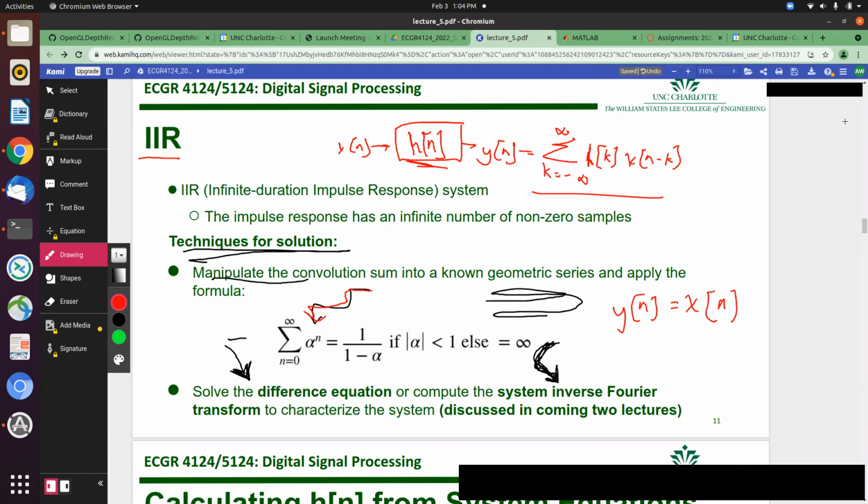Now, I want to point out that this is exactly like the linear systems you studied in 3111. Instead of h of n, we had h of t, and that was a representation for a system in the continuous time domain. You also had, instead of equations that looked like this, differential equations. So you had derivatives of y, dy/dt, for example dy(t)/dt equal to, say, dx/dt.